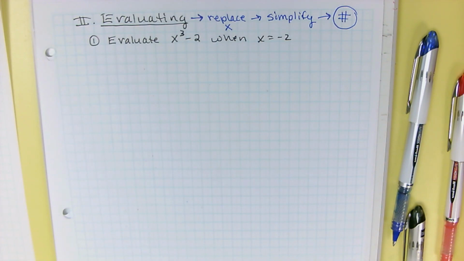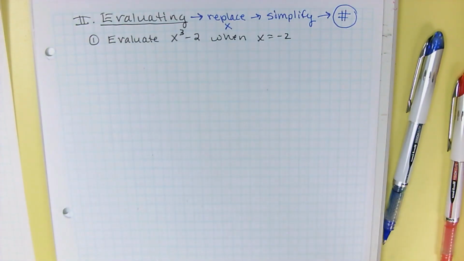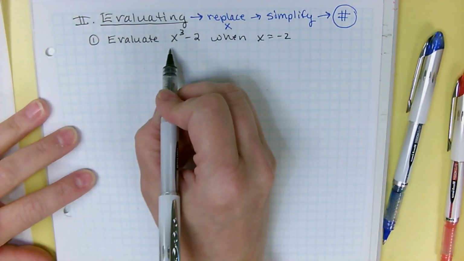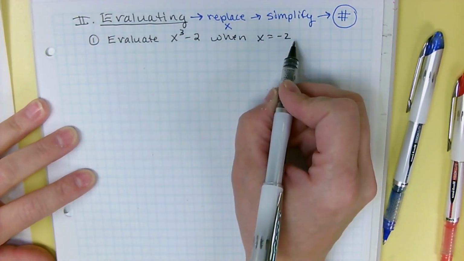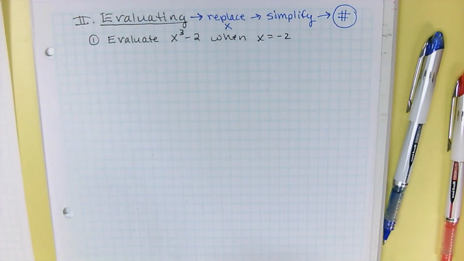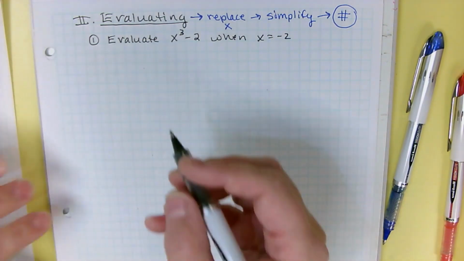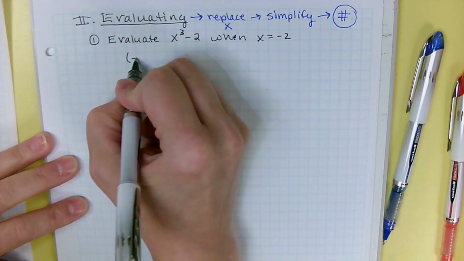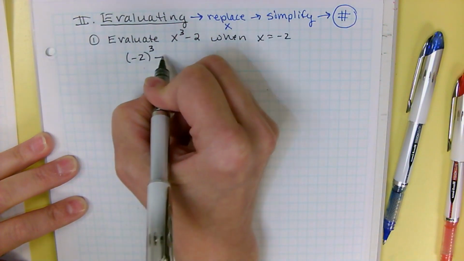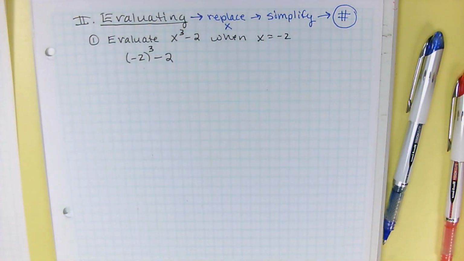That just splits the two pieces. It doesn't mean anything mathematically. But they all mean the same thing. This is what you replace. So to evaluate, we're going to replace the x with a negative 2. Now, because the x is being cubed, the negative and the 2 are being cubed, you're going to need your parentheses. Negative 2 cubed, because you want the negative and the 2 to be cubed.